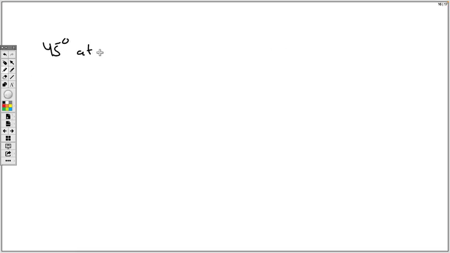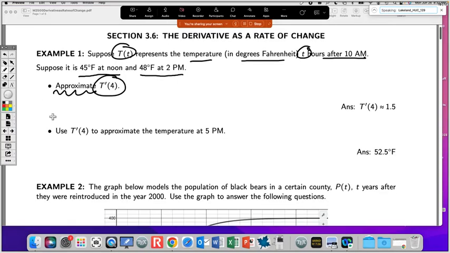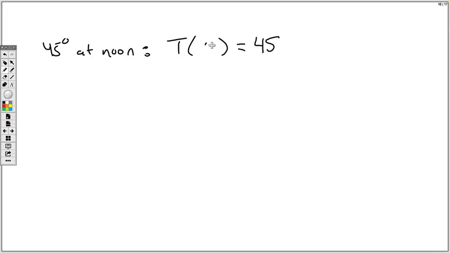45 degrees at noon. So T of what equals what? Well, capital T is the temperature. Little t is the time, but it's the time after 10 a.m. So noon is how long after 10 a.m.? 2 hours. So that's that information.